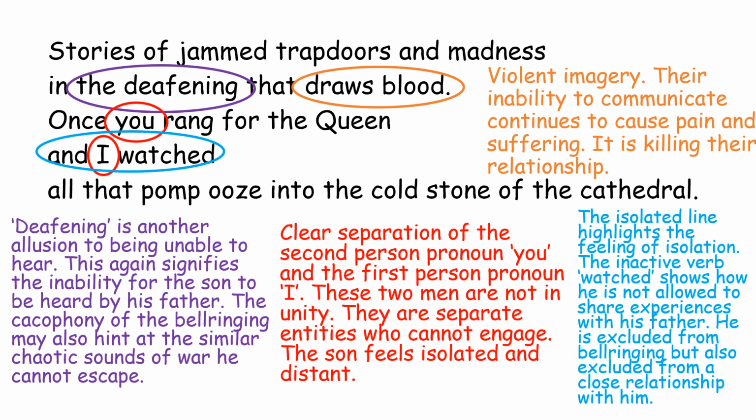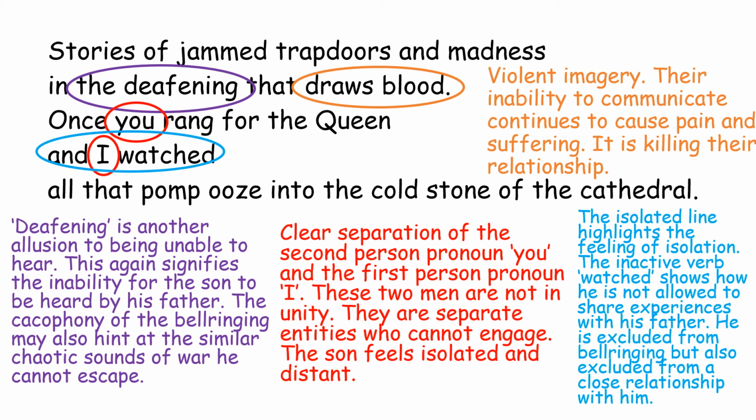The words "and I watched" here is written in an isolated line. And that could also highlight the feeling of isolation. Notice how in the line before, there seems to be this reverence for his father, this respect for his father about what his father achieved by ringing for the queen.